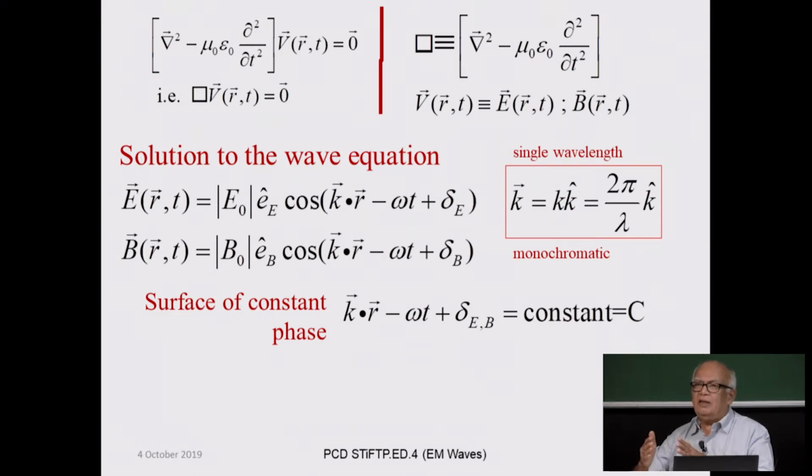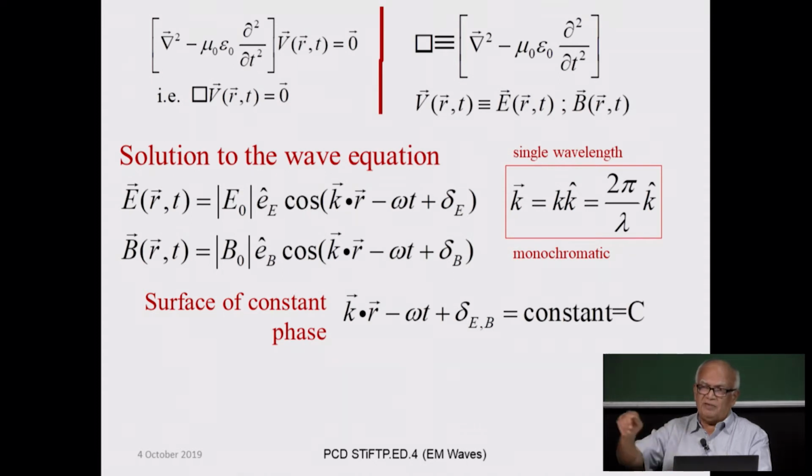the differential of delta, the phase constant, will go to 0, and the right hand side differential goes to 0. So, k dz will be equal to omega dt, okay, and that tells you what dz by dt is, and that will tell you whether z increases with t or z decreases with t.